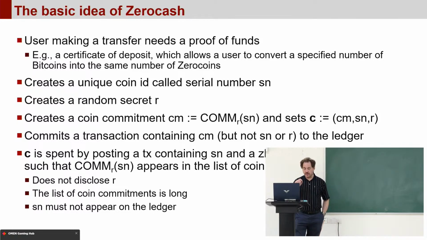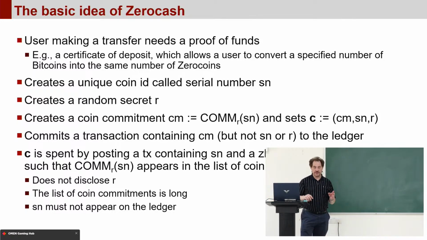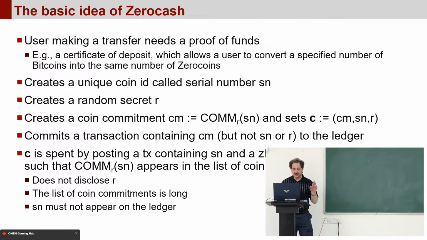So again, in order to spend the coin, the sender needs to post a transaction which would disclose, so previously there was just a commitment on the ledger, but in order to spend the coin, the sender needs also to disclose the serial number, but not the secret.